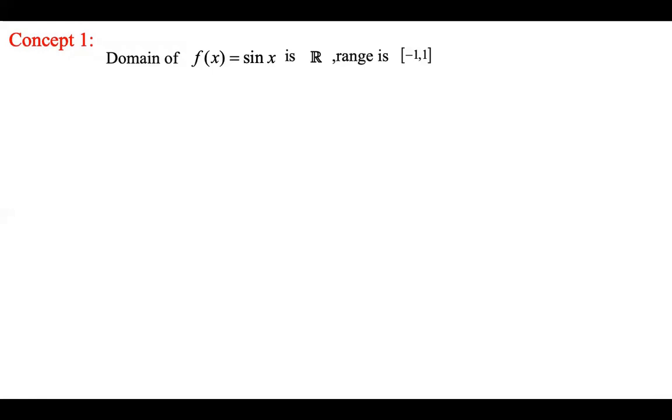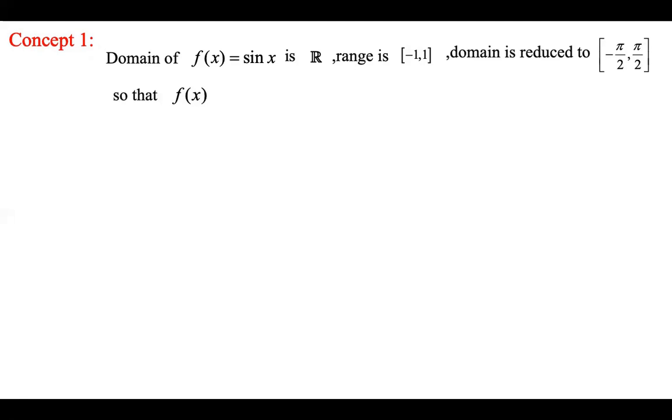But when you observe the graph of sin x, it is just like a wave. So in that range minus 1 to plus 1, the function sin x is not 1 to 1. But when you reduce its domain to minus pi by 2 to plus pi by 2, you can make sin x 1 to 1 and onto, meaning f of x becomes a bijection. Therefore, f of x can be inverted.